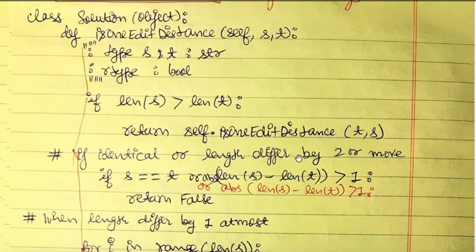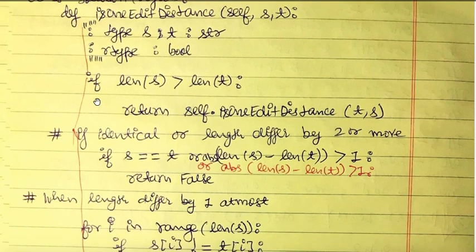Okay, so now we implement it in terms of code. isOneEditDistance is a boolean function that returns true or false and takes the source S and target T as two strings. If the length of S is larger than the length of T, when the source is larger, we swap the roles.